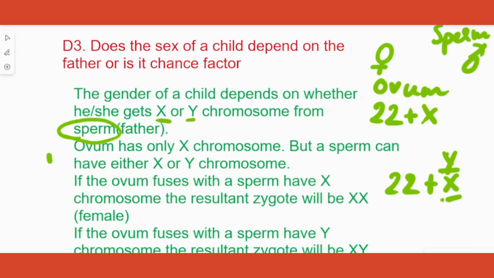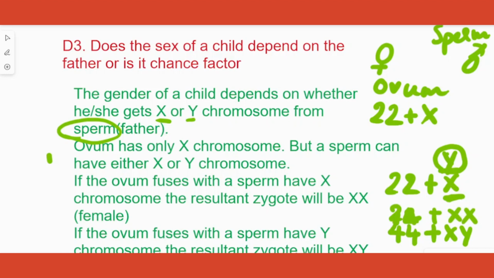So, if a sperm having a Y chromosome fuses with the ovum, then that child will have 22 pairs, that is 44 autosomes, plus X and Y, becoming a male. If the ovum fuses with a sperm containing an X chromosome, then the resulting child will be 44 autosomes plus X and X, resulting in a female.